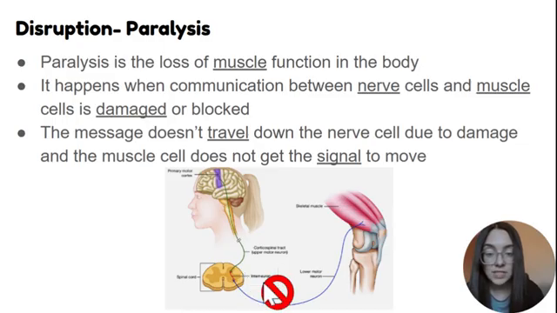If we have damage to the nerve cell right here, that message cannot be sent, okay? So it's almost like the cell tower is down and messages cannot be sent or received, okay? The message doesn't travel down the nerve cell due to damage. It could be some type of spinal injury, okay? And the muscle cell does not get the signal to move, so it doesn't move. Okay.